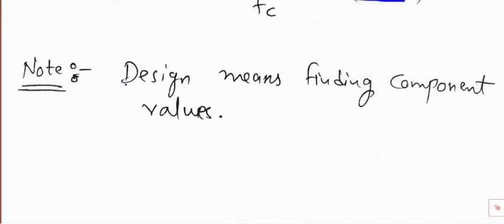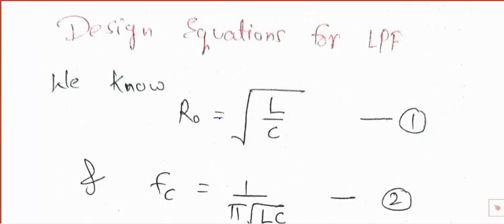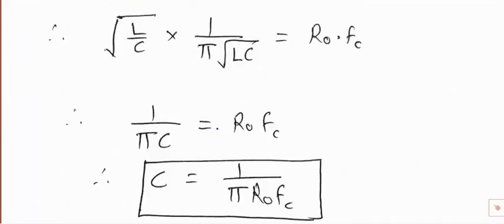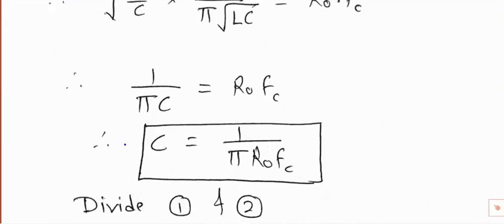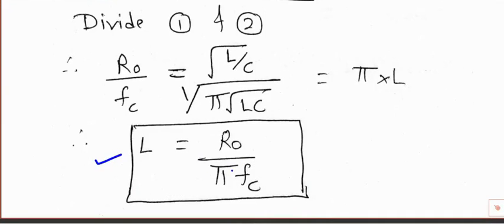Then what is the meaning of designing any filter? Remember, always, you will be becoming an engineer. Design means finding out the component values. So for low pass filter we have the formula for C as 1 upon pi R0 fc, and for L as R0 upon pi fc.